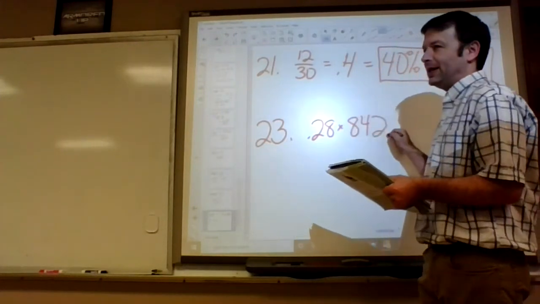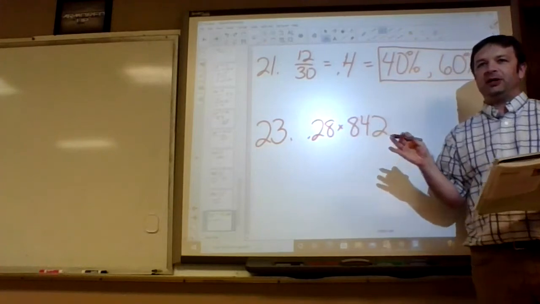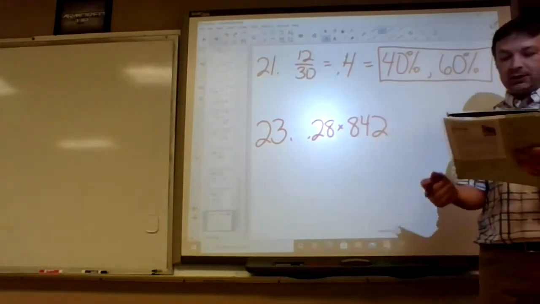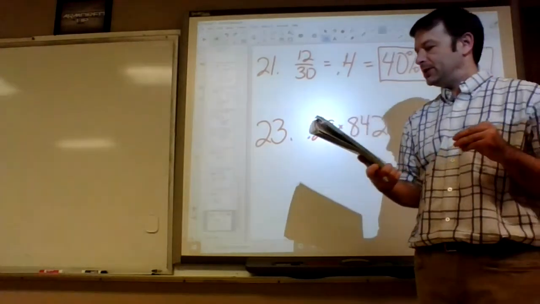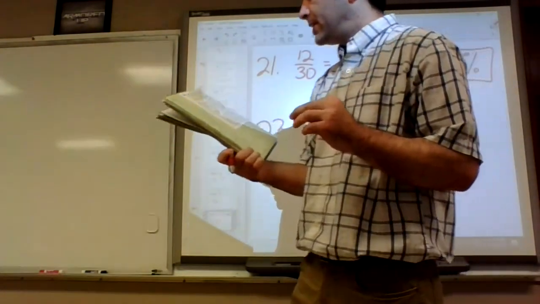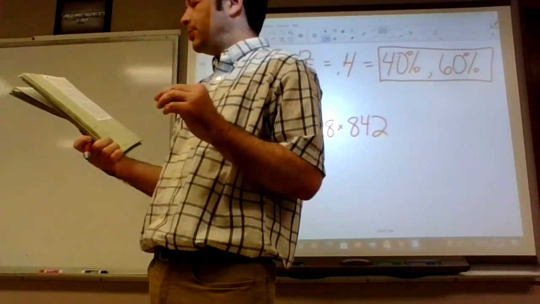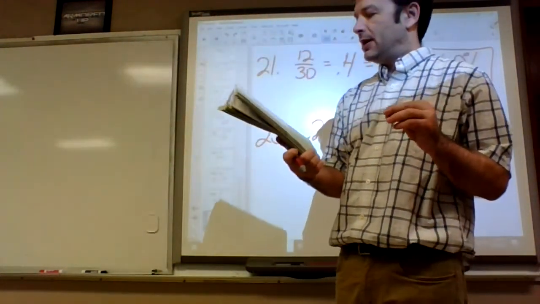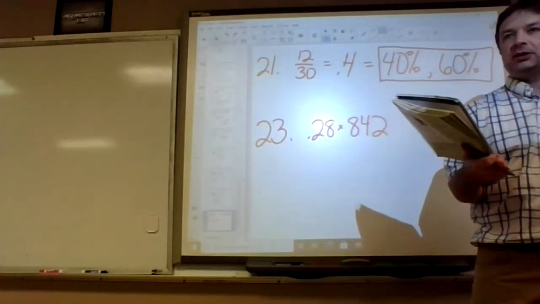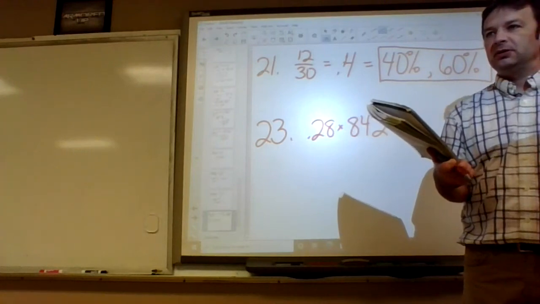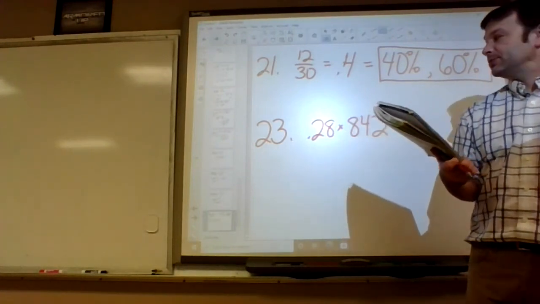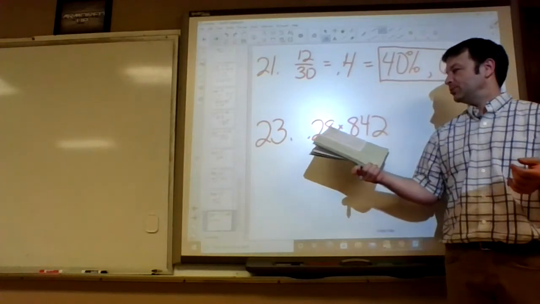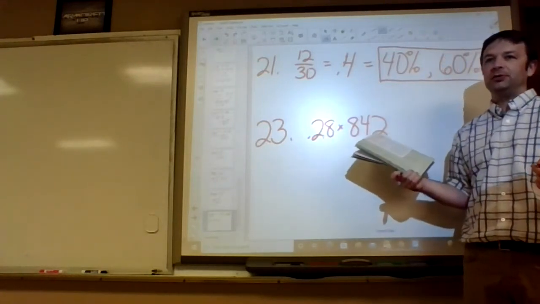That might not be the answer because I haven't read the problem yet, but that's what the first part is basically saying. 28% of the 842 respondents to a survey preferred candidate Conley over his opponent candidate Brewer. How many chose Conley? So 28% of the 842 chose Conley.